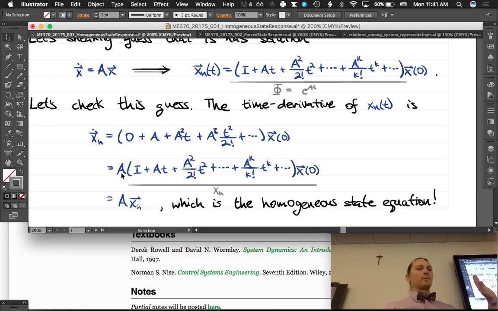When you factor out that A from every term, what's left, this term right here is just exactly the same as this term right here, right? And so if you combine it with the initial condition right here, it's the homogeneous solution, X, that we assumed at the beginning.